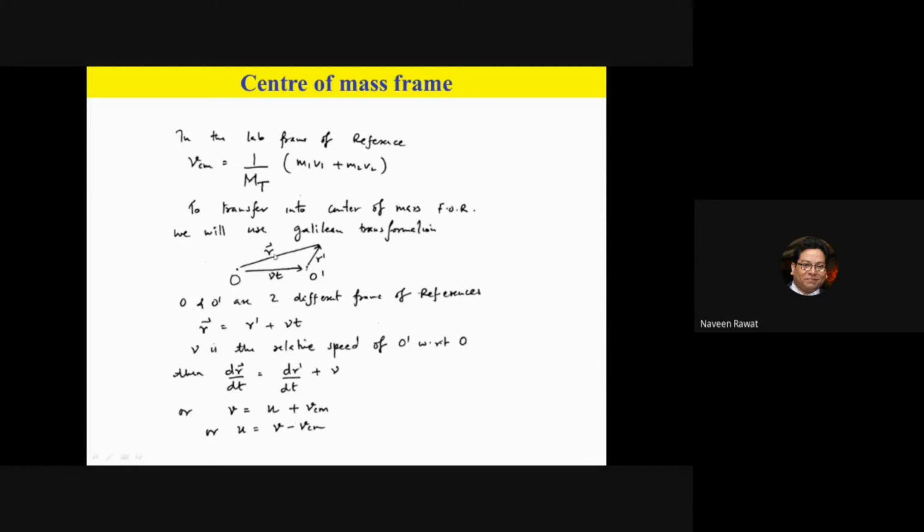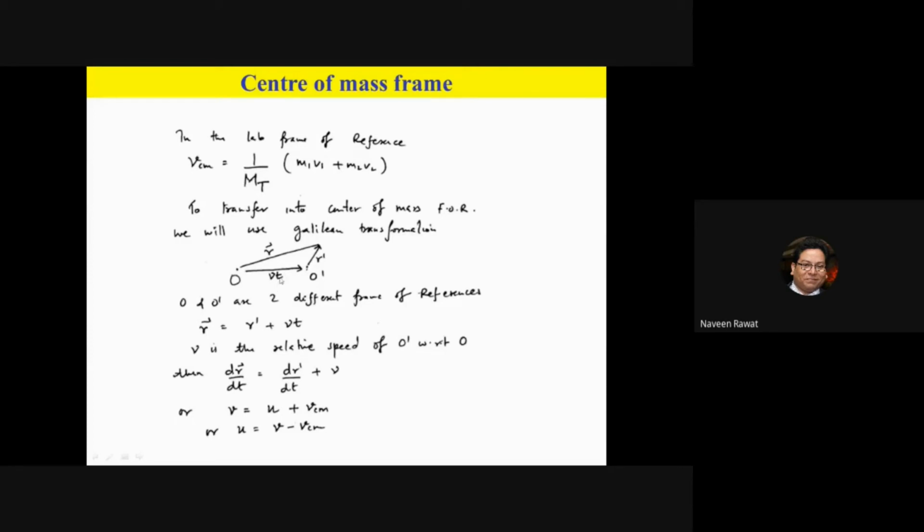So the way it works is, suppose this O prime frame of reference is moving with some velocity v. After a certain time t, the distance that this frame of reference has moved is v times t. That is just simply speed equals distance over time.